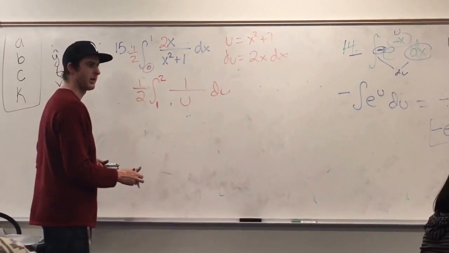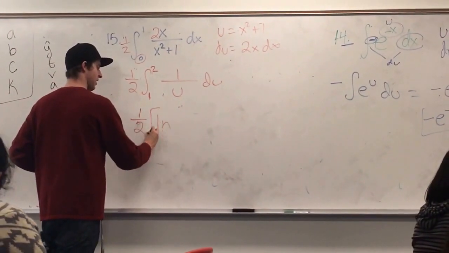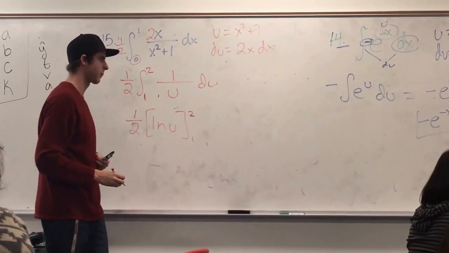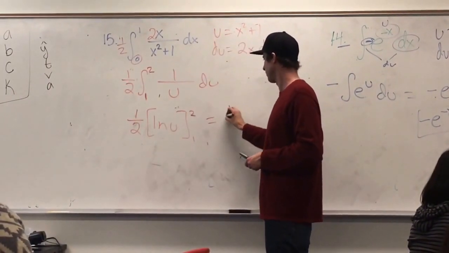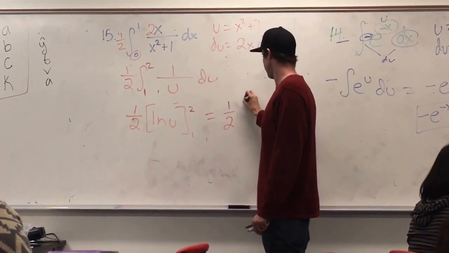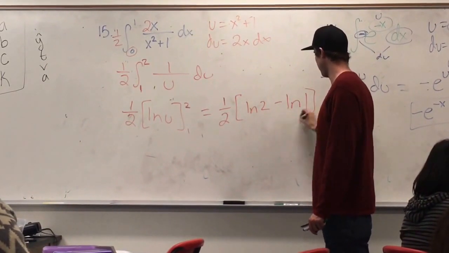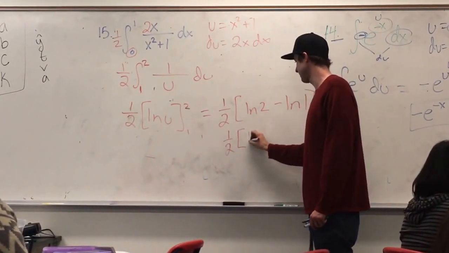I heard a lot of people say ln. 1/2 times the ln of u from 1 to 2. Okay, and this becomes 1/2 times the ln of 2 minus the ln of 1, which becomes 1/2 times the ln of 2.